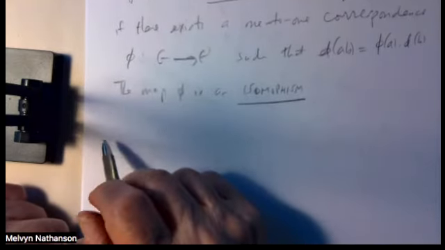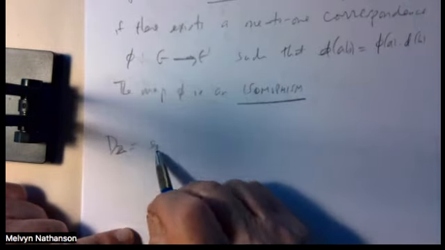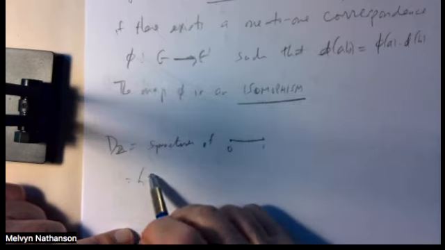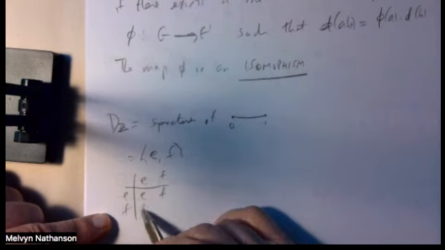So to give a very simple example of this, we had the group, I'll call it D2, which is the symmetries of this line segment from 0 to 1. This group consisted of the identity E and the flip F. We just flip this around. The multiplication table was E, F, E, F, E, F, F, E. That was one group.